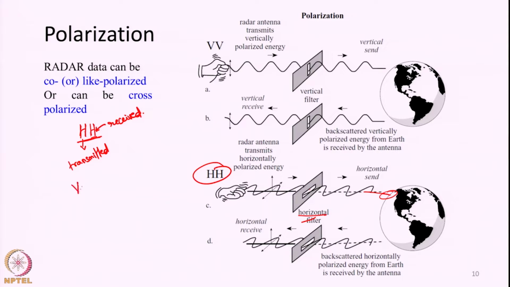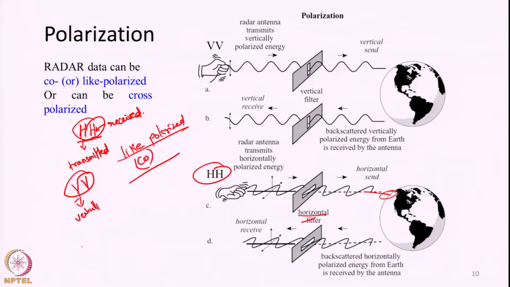Similarly, some systems can be VV, transmitting a vertically polarized signal and receiving the vertically polarized signal alone. Such systems in which both the transmitted signal and the received signal have the same polarization, we call like polarized or copolarized. Like polarized means the same polarization is used for transmission as well as reception.